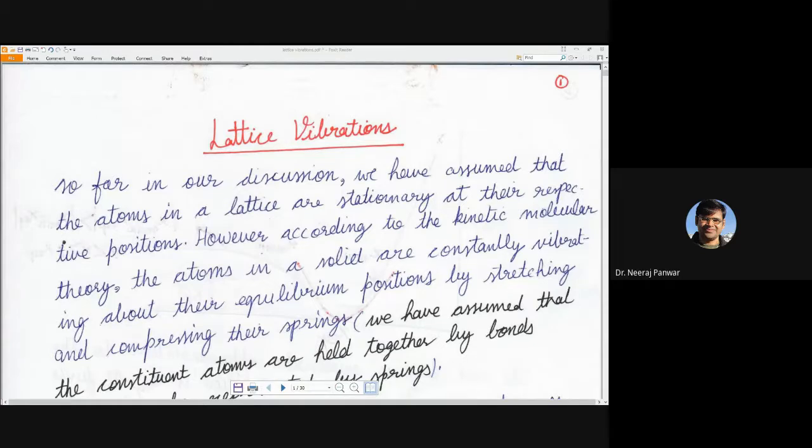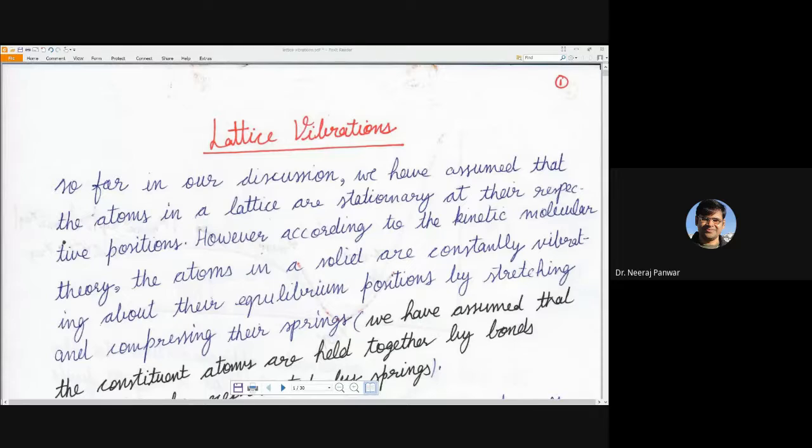Mott metal to insulator transition and strongly correlated electron systems are all research topics, and they give rise to very interesting physics. This was just a brief idea about the failure of band theory of solids and what is going on in the research field when we consider the electron interaction.